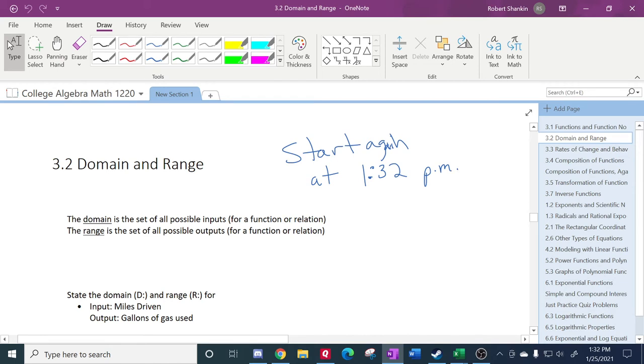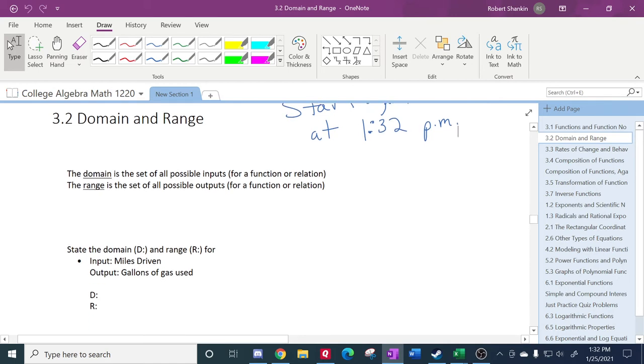All right, we're going to go with 3.2, domain and range. And I have these simple definitions, but it's kind of complex to interpret those and put those into action. The domain is the set of all possible inputs for a function or relation.